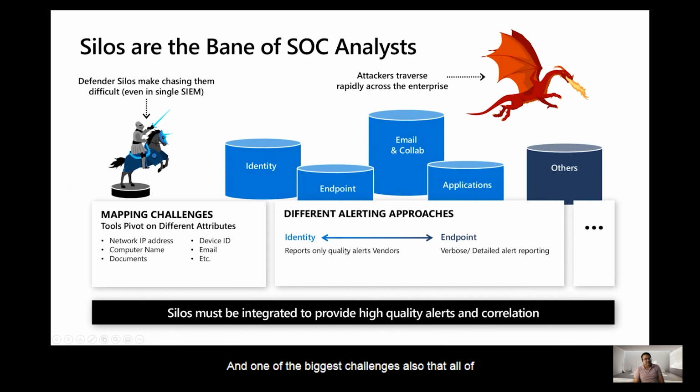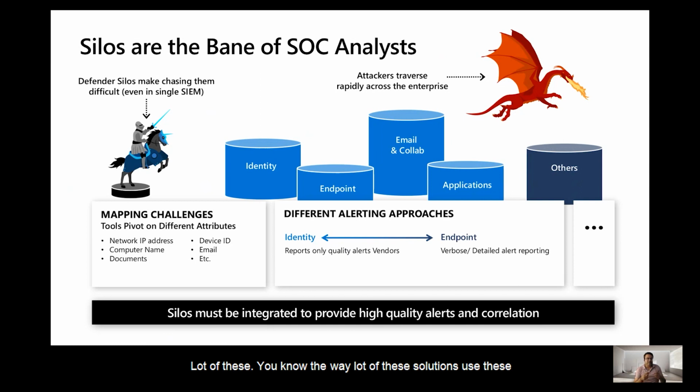And one of the biggest challenges also is that all of these security solutions, looking at it from the point of identity, endpoint, email, collaboration, application, hybrid infrastructure, inherently can have different attributes and conventions in terms of alerts and incidents and just about everything else. Entity mapping is a big challenge, like IP addresses, computer names, device ID, emails, users.